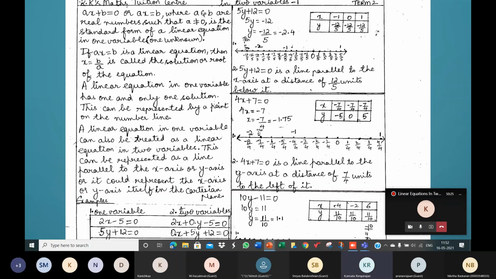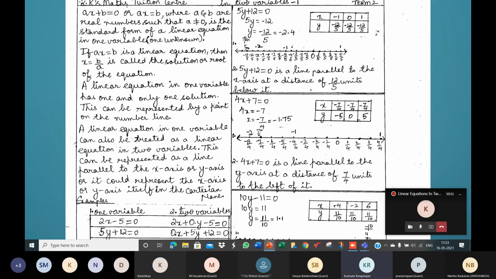Only when y takes the value minus 5 by 3 is the equation satisfied. There is no other value for y which can satisfy the equation, and hence a linear equation in one variable x or y has one and only one solution.